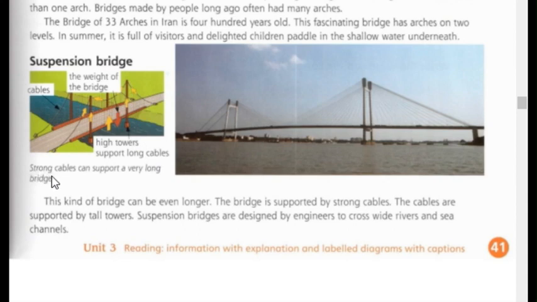The strong cables can support a very long bridge. يعني التاور supports the cables and the cables support the bridge. الأبراج هاي شايفينها بالصورة الثانية كمان بيدعموا الكيبلز، والكيبل بيدعم أو بيحمل الجسر كمان.